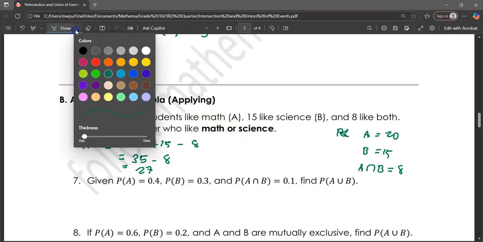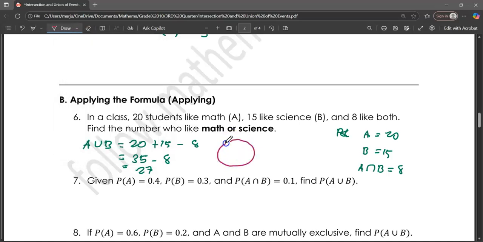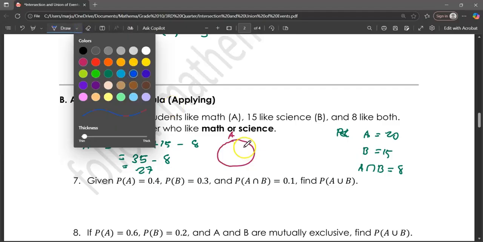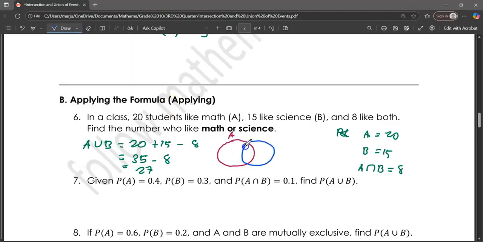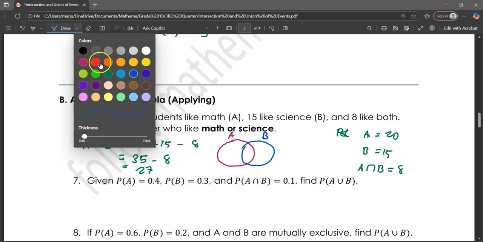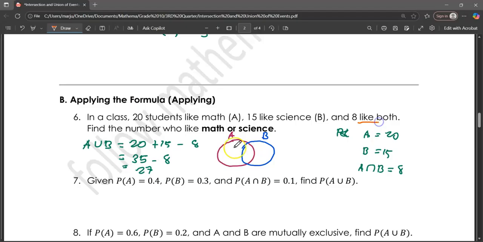Now, if you want to have your Venn diagram, you can also do that. So you're going to say, this is your event A, and this will be your event B. Now, it says in the problem, 8 like both. So this is your 8, right there. They like both math and science. And it says in the problem, 20 students like math.